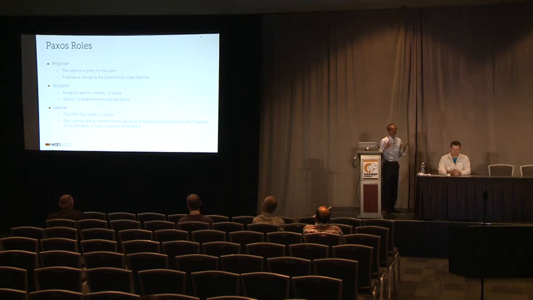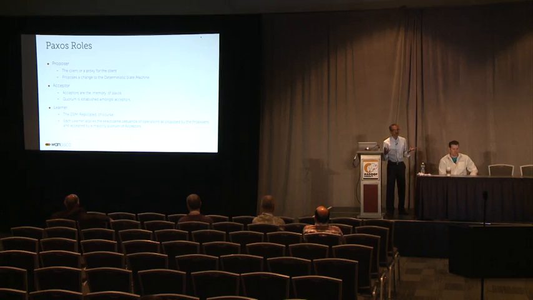Let's take a look at the roles as defined by Paxos. A proposer is really a client or a proxy for a client. In the case of the name node, the consensus node that we're going to talk about later in this presentation, the name node that the client talks to makes the proposal. So it's really a proxy for the client in that case. It proposes a change to the deterministic state machine.